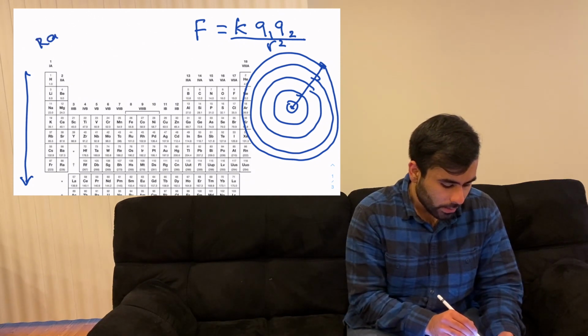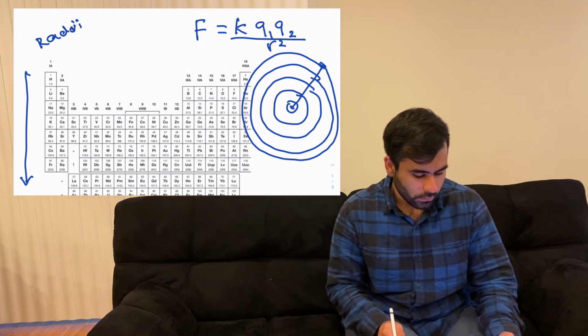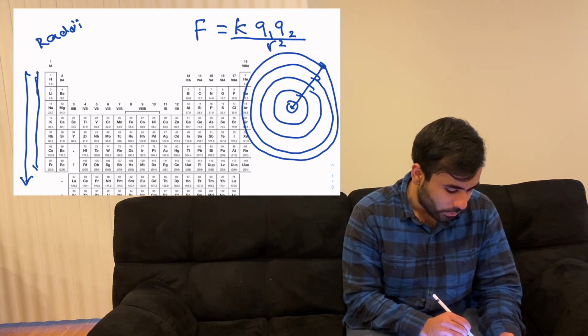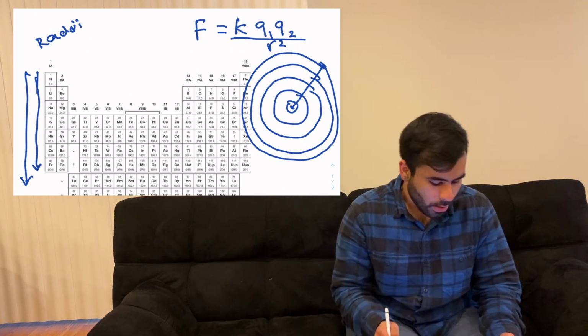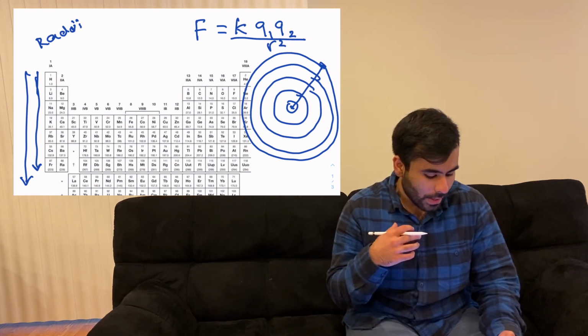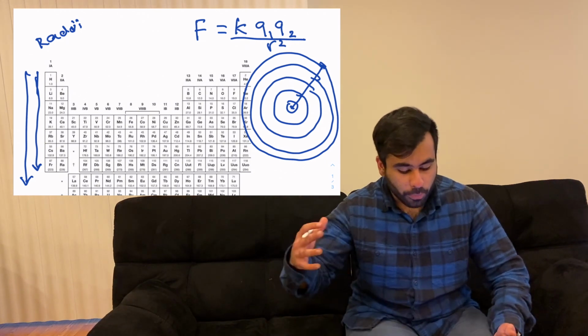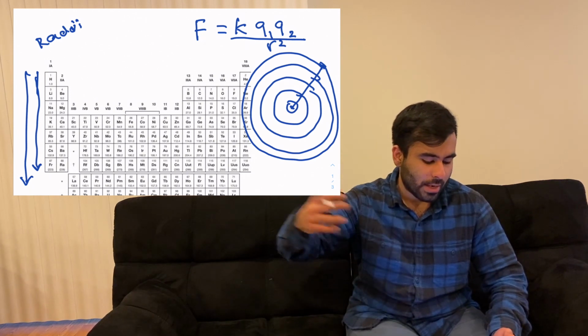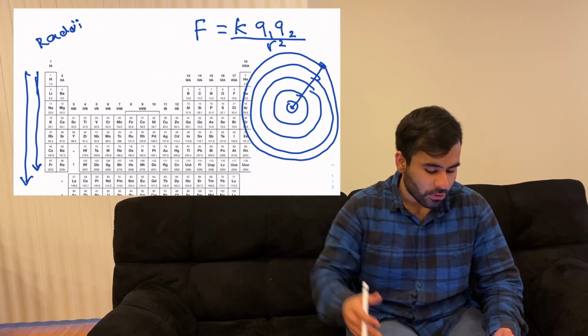Now this has consequences on all of our periodic trends. For atomic radii, we're going to increase as we go down the periodic table, because that pulling force on the outermost electrons has decreased. So they're going to spread out more and kind of branch out. Those electrons are going to be more free and extend their range from the nucleus.